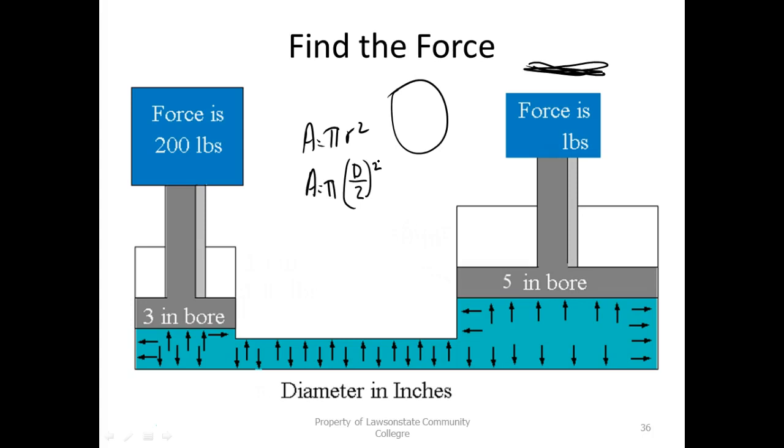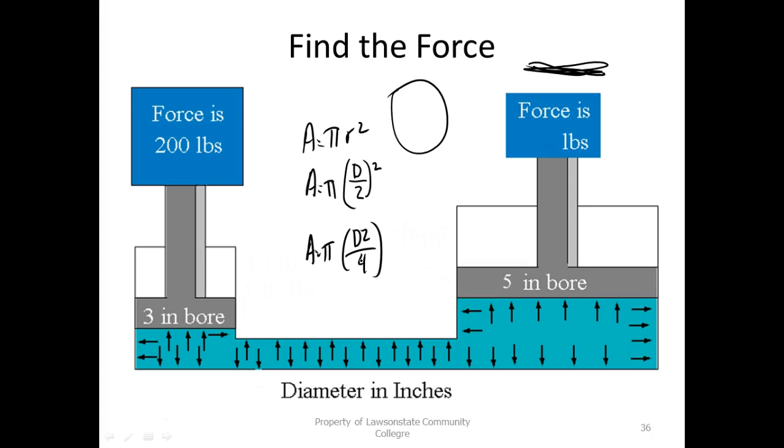And that's one of those numbers that just floats in your head once you learn them. Right now you probably have to look it up, but if you dealt with these all the time, you'd know that number. So what I can do is say the area would be equal to pi times the diameter squared divided by 4. That's the same thing, right? What I did is I got rid of the square and I squared both of them.